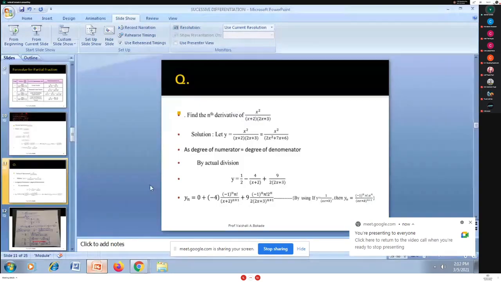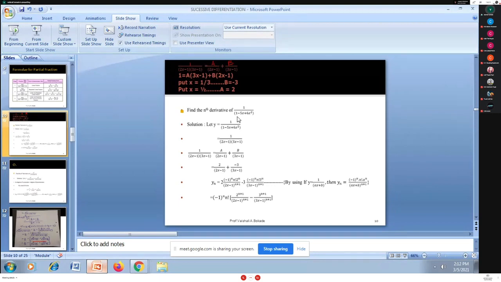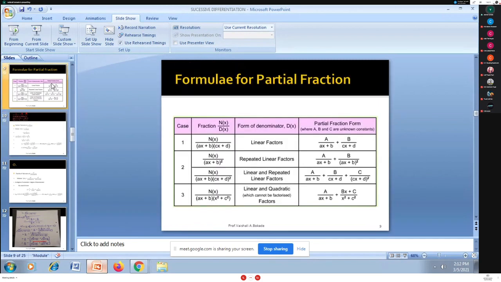My first work is to check the degree of numerator and the degree of denominator. What I told you is that whenever the degree of numerator is less than the degree of denominator, as in this example where the degree of numerator is 0 and the degree of denominator is 2, we write the denominator in terms of linear factors, and according to the different cases I go for partial fraction.